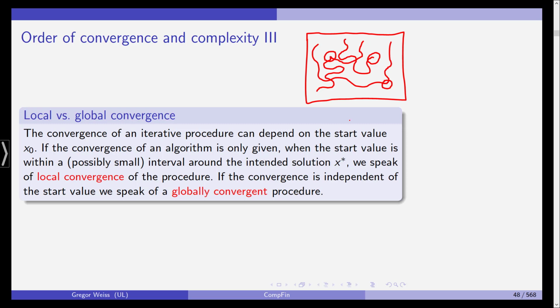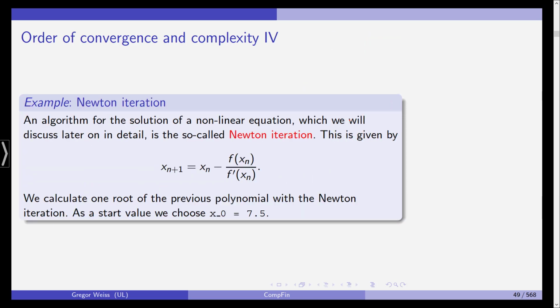So if the convergence of an algorithm is only given when the start value is within a possibly small interval around the intended solution, the optimal, we speak of local convergence. If our algorithm always converges to the true solution x star, we call this a globally convergent procedure, and we need to show for some algorithms whether they are locally or globally convergent. And this is obviously a nice feature.